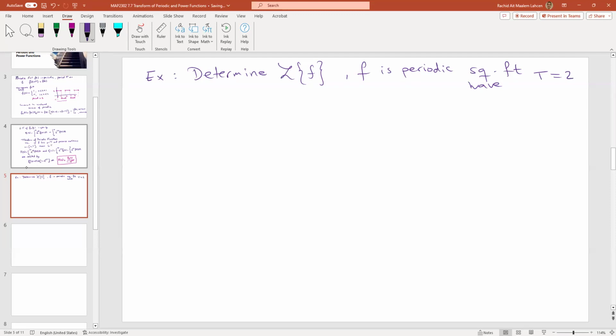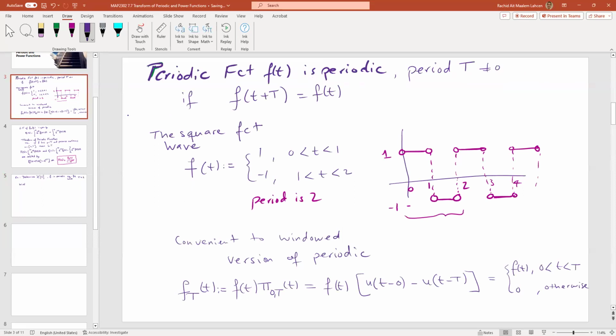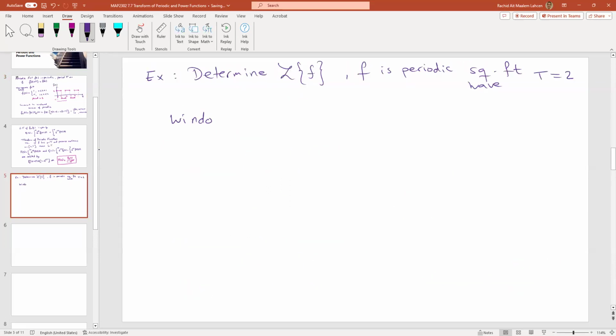So what I will need to do is window this function, so we can window it, and that gives us f sub capital T of t.